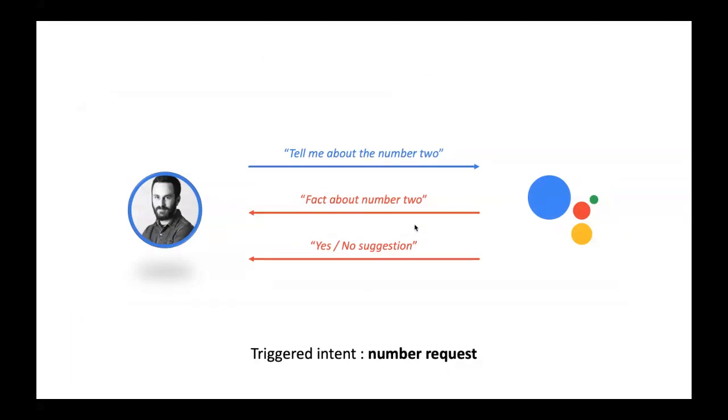First, after I started my conversation, I'm going to ask the assistant for a number. So I'm going to say, tell me about the number 2. This will trigger my custom number request intent so that the assistant can give me a fact, ask a new question, and suggest answers.